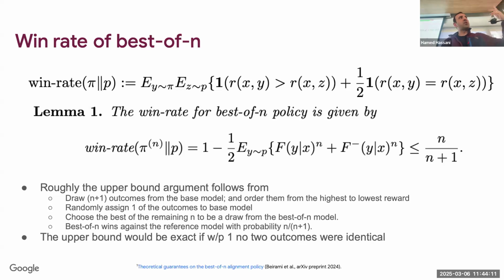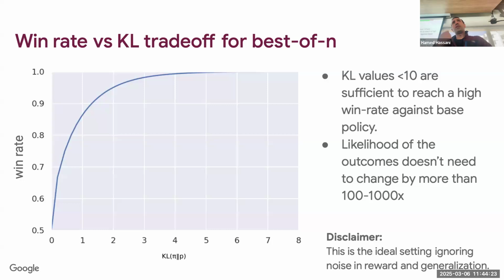So the win rate should be n over n plus 1. And that is actually almost true, not exactly true, and it's an upper bound on the win rate of the best of n model.